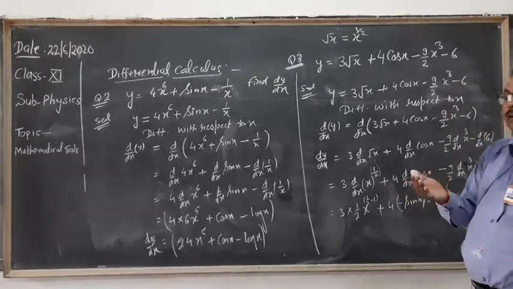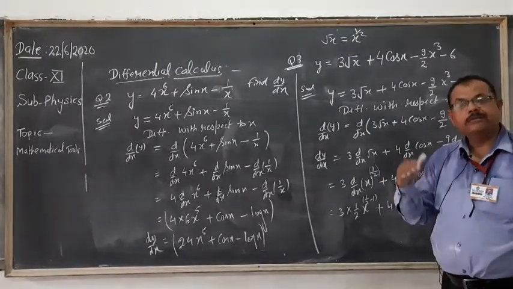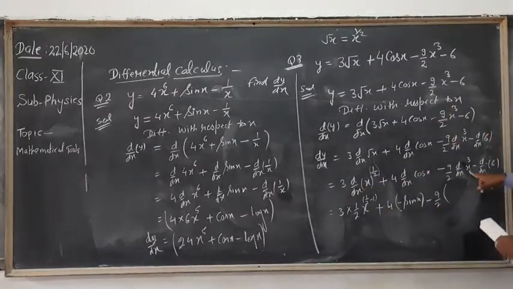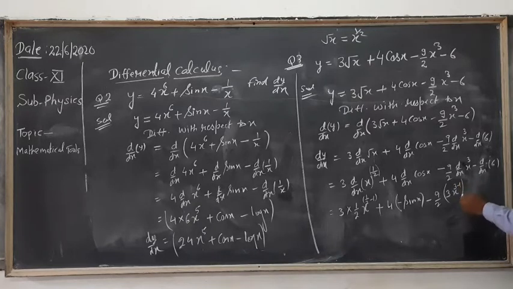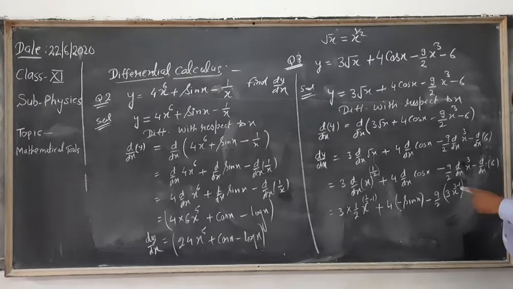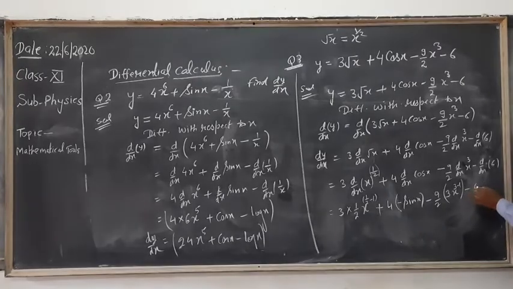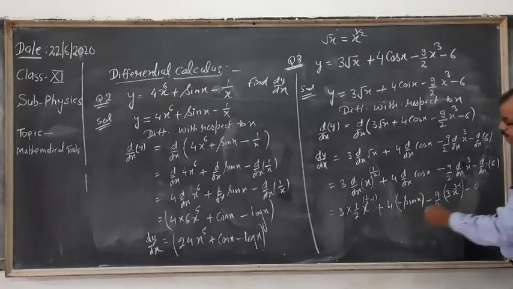What is it? n x to the power n minus 1. So n means 3, x to the power n minus 1 means 3 minus 1. And minus dy by dx of 6. 6 is a constant and you know the derivative of a constant is 0. So this is 0, right.